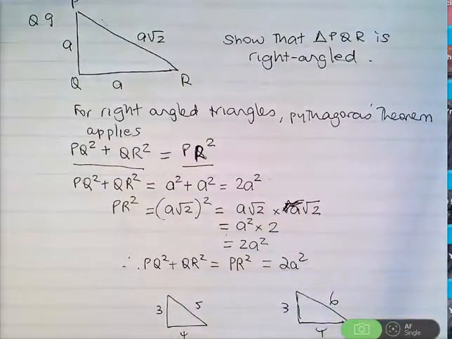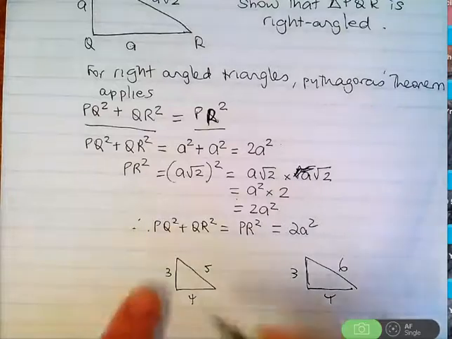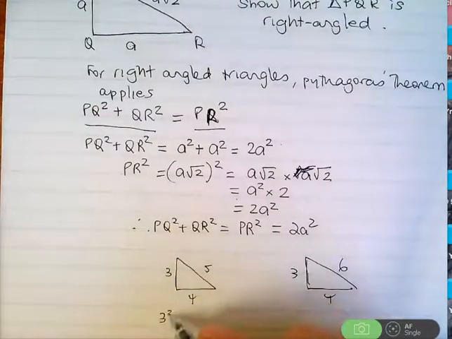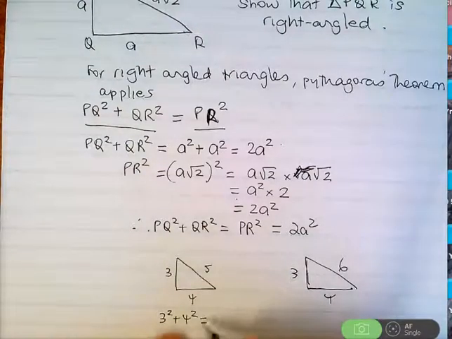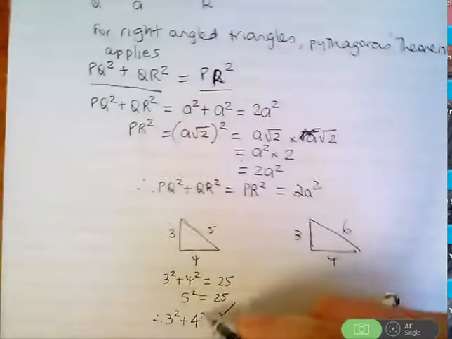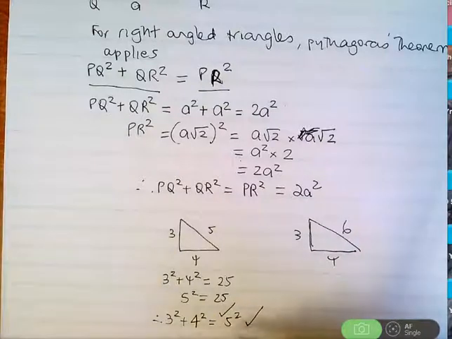What's 3 squared plus 4 squared equal to? 9 plus 16, which is 25. And what does 5 squared equal? 25. So therefore 3 squared plus 4 squared is 5 squared. That works. So therefore Pythagoras' theorem works, so this is a right-angled triangle.